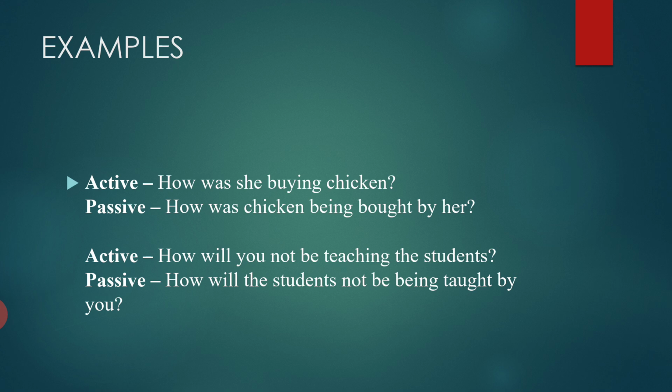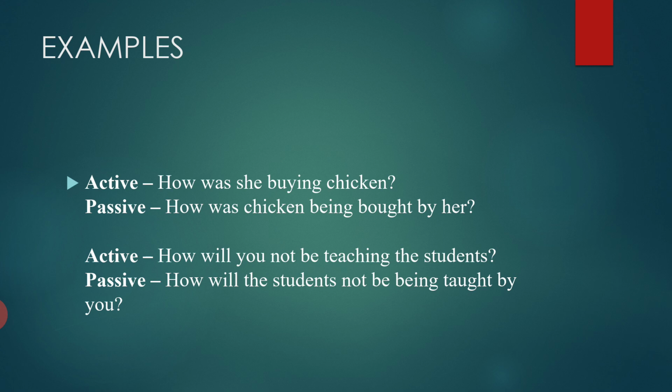As I told you in the beginning portion of active passive voice, future continuous tense can't be changed into passive, but there are some rules in other grammars where they consider that future continuous tense can be changed into passive voice, and here is an example.